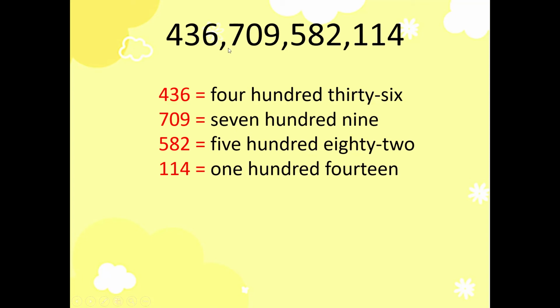For example, the first comma, the name of it is billion. This comma, the name of it is million. And the last comma, the name of it is thousand.